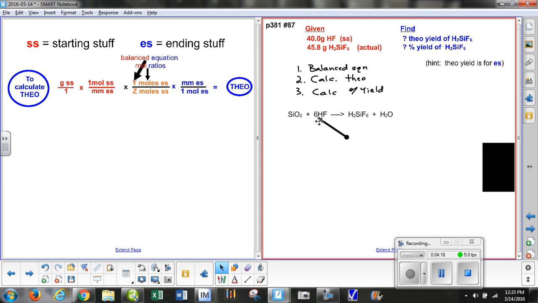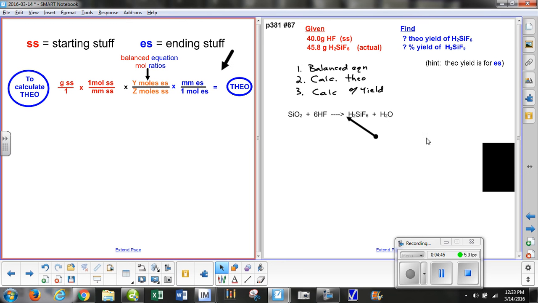The starting stuff is down here. So moles of the starting stuff is 6. And moles of the ending stuff is up here, and the ending stuff is this guy, the H2SiF6, so the coefficient of that is 1, and that would be the Y. So we have 1 for Y, and down here we have 6 for the Z.